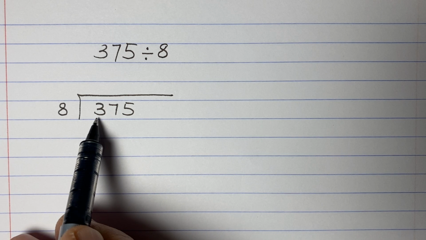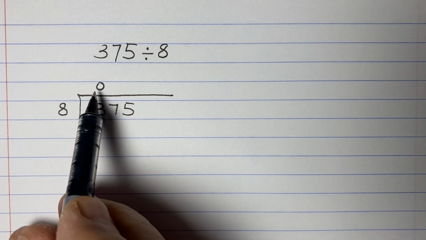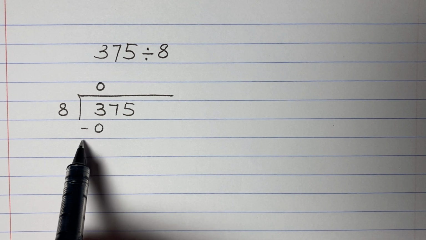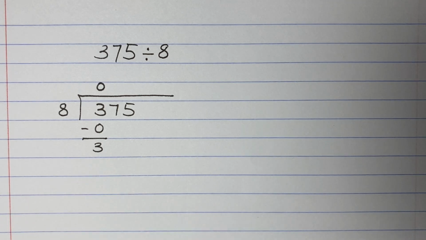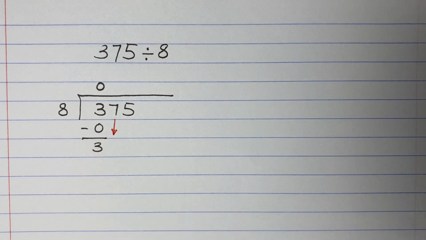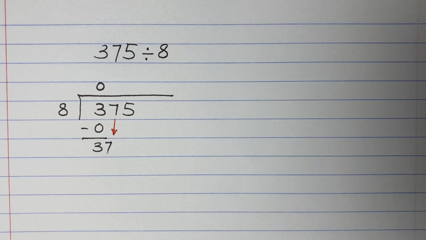How many 8s can fit into 3? None. So 0. 0 times 8, 0. Take away from 3. To continue, bring the next digit down. Now my remainder and the next digit form 37.